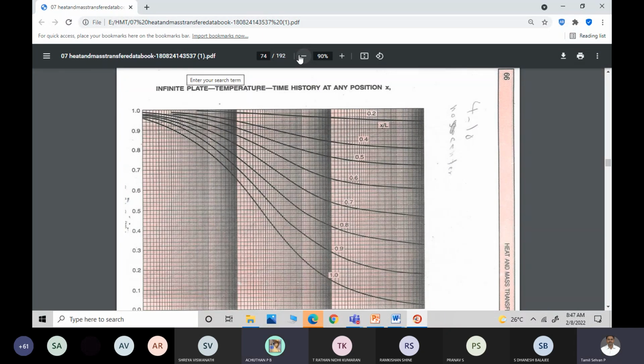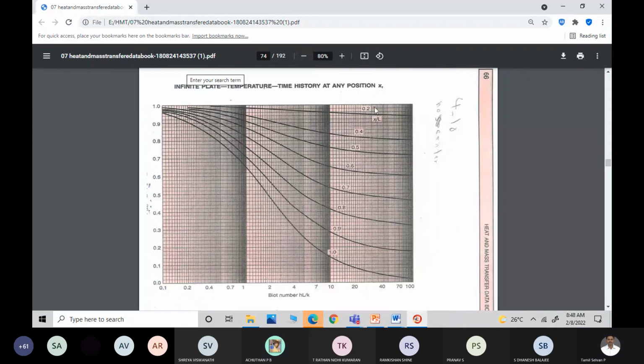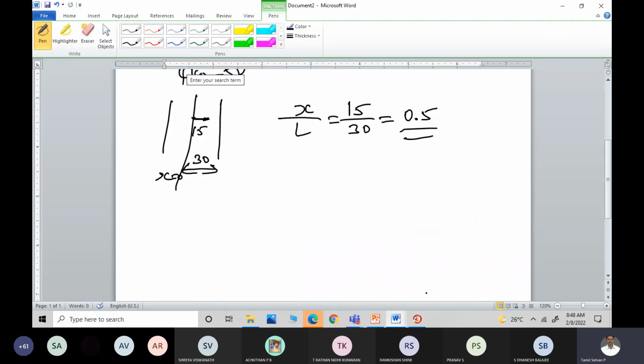All of you are able to see this? 0.2, 0.4, 0.5 up to 1 is mentioned. Am I correct? Now from this, please tell me the y-axis. What is the expression? (Tx by L minus T infinity) divided by (T naught minus T infinity), where T naught is nothing but the initial temperature.